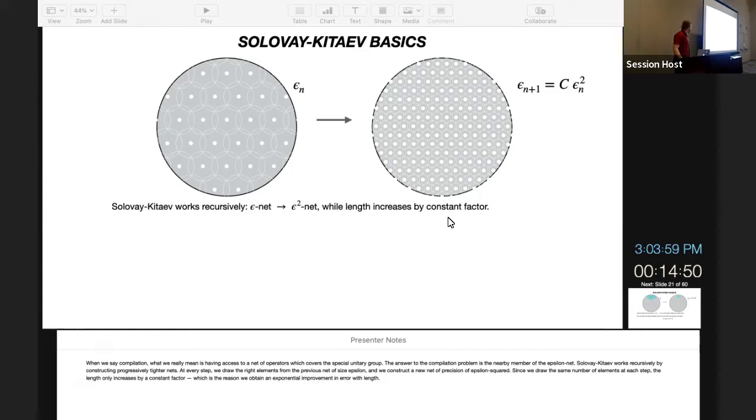Solovay-Kitaev works recursively, taking elements from the current net and building a finer net with resolution epsilon squared. So the precision of the epsilon net increases double exponentially with steps, while at every step you take a constant number of elements from the current net. So the length increases only exponentially. Double exponential precision for exponential length is the key to the efficiency.